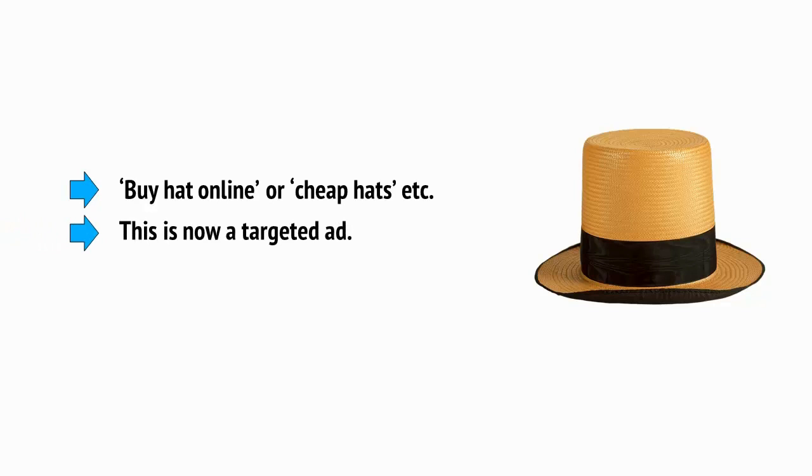So, for example, if you were selling a hat, your key phrase would probably be buy hat online or cheap hats, etc. This is now a targeted ad because it lets you advertise specifically to people who are looking to buy the thing you have. That means they'll fit within your target audience, and actually this makes them qualified leads.